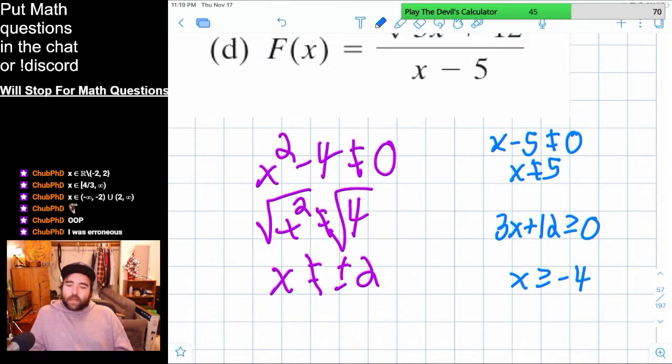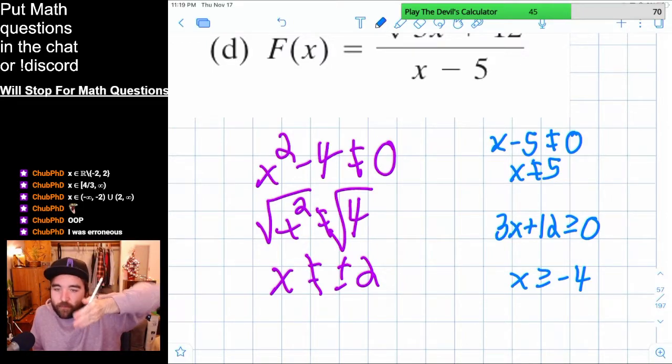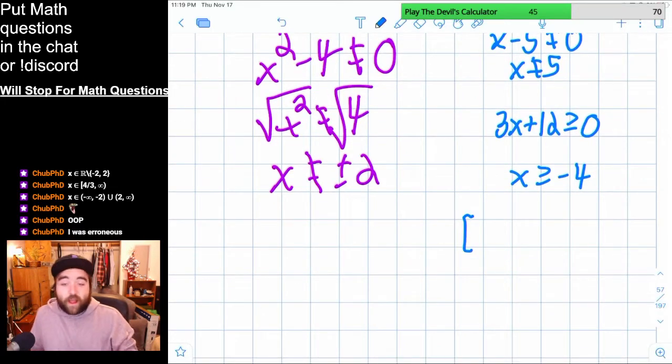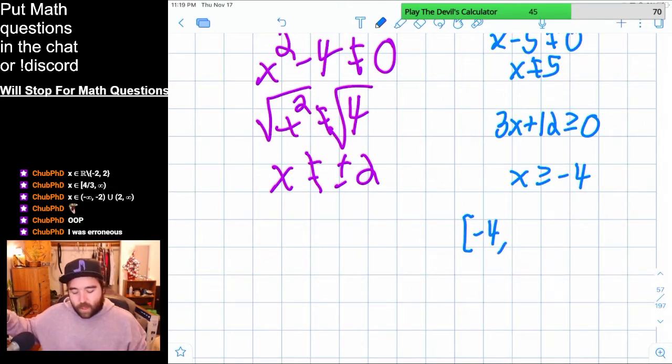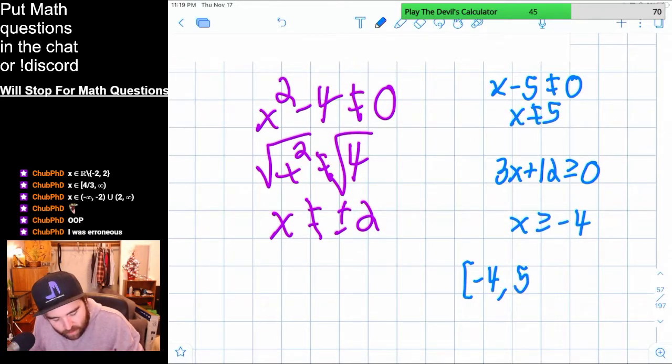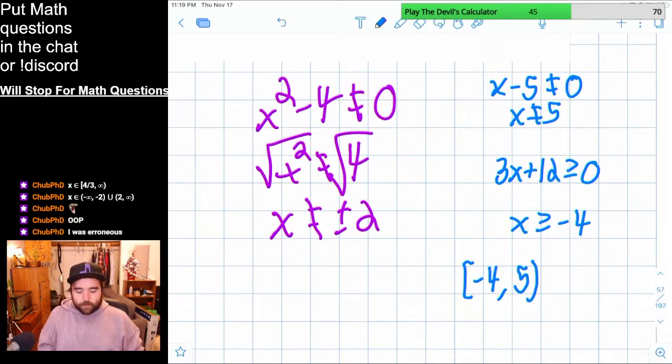So think about what we're saying there. We're saying that x has to be bigger than or equal to -4, but then we have that gap at 5. So in interval notation, we're going to say bracket, because the smallest thing it can be is -4, and it is allowed to be -4. And it can be anything, but we have to put the gap at 5, so it can be anything up to 5.